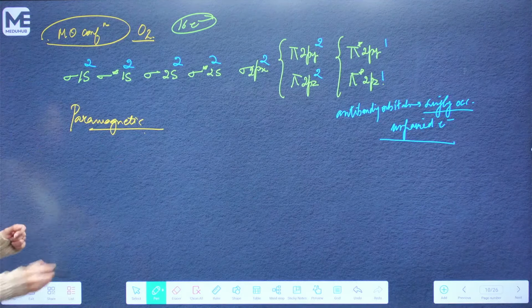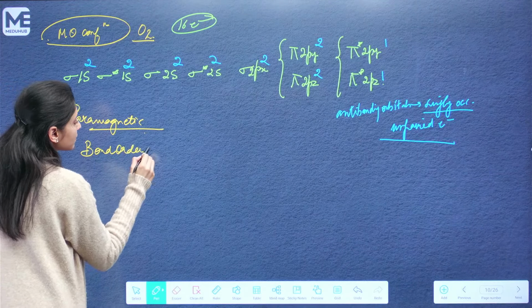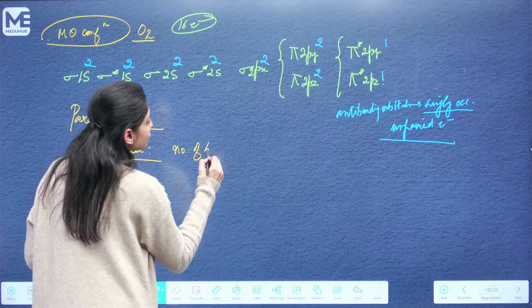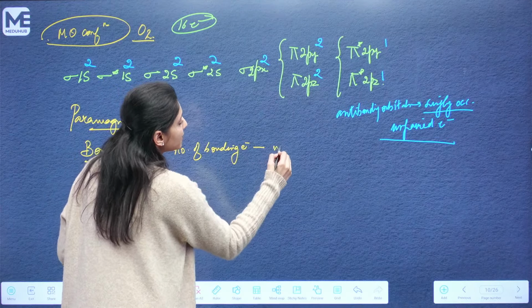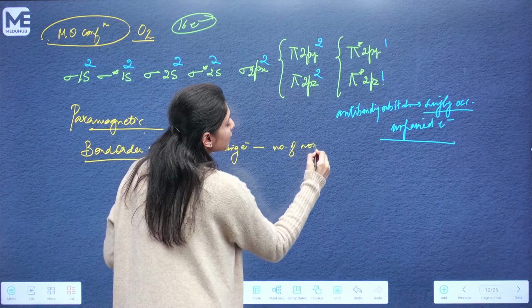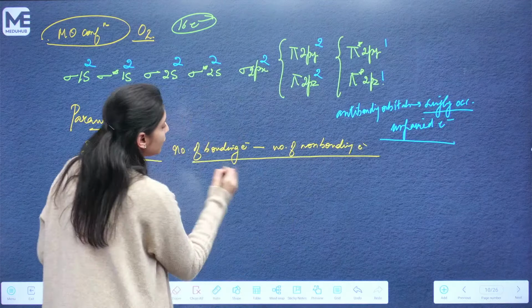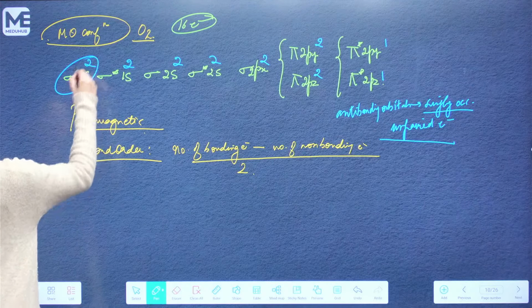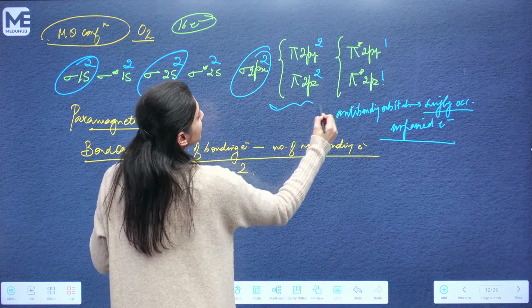Now if we talk about the bond order, it is calculated by number of bonding electrons minus number of anti-bonding electrons, divided by 2. So for oxygen, the bonding electrons are these and these, right?